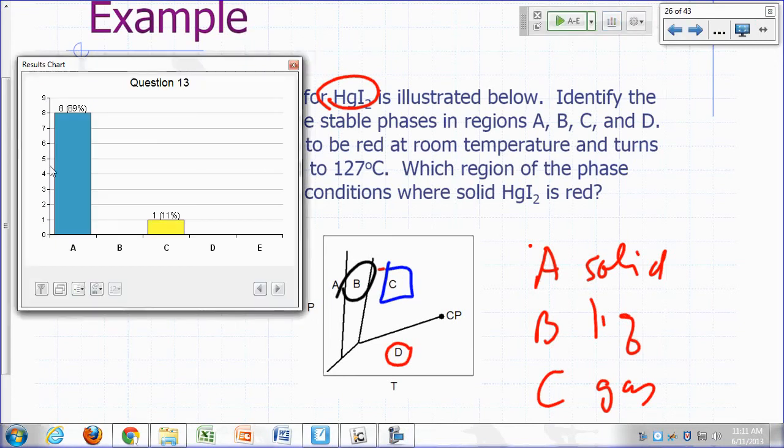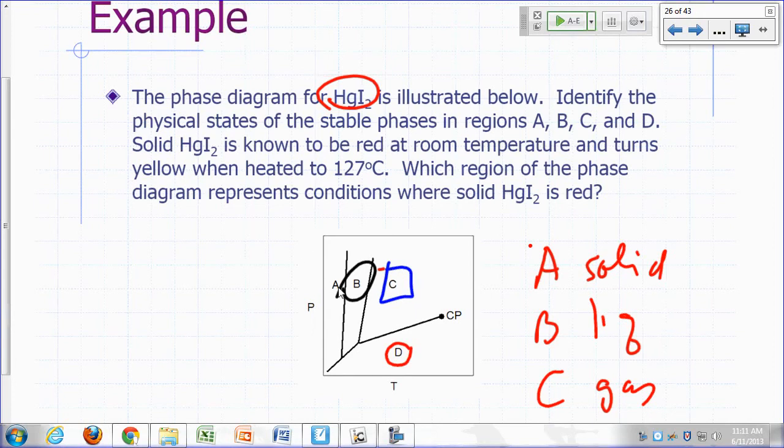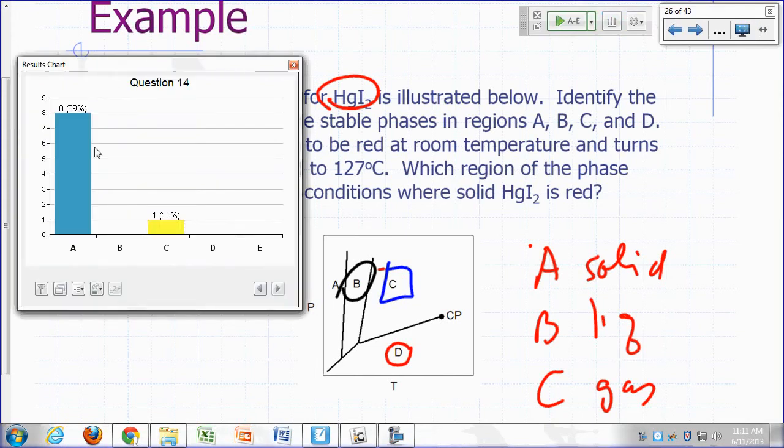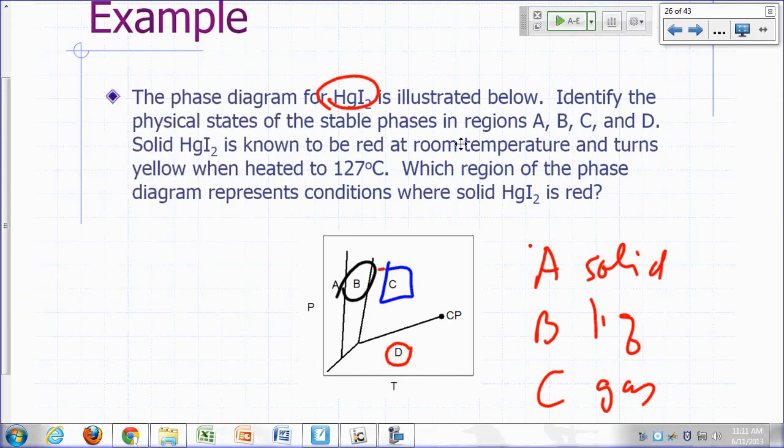That would be a solid. And point A, solid, liquid, or gas? Also a solid.